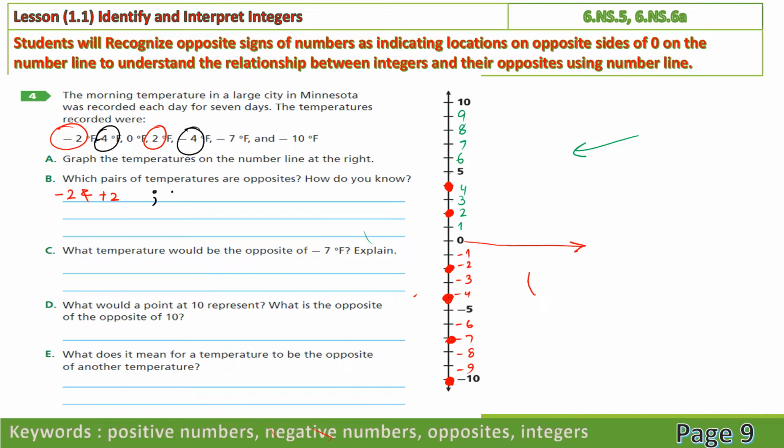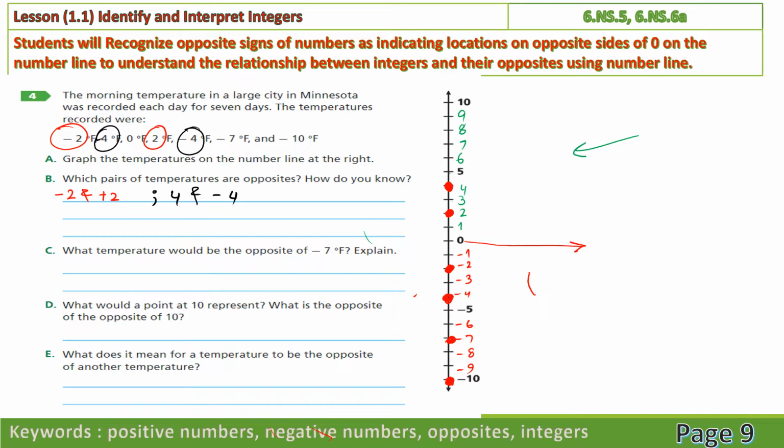Okay, so 4 and -4, they are opposite. Now, do we see something else? No. So, how do you know? Because the opposite of positive is negative.